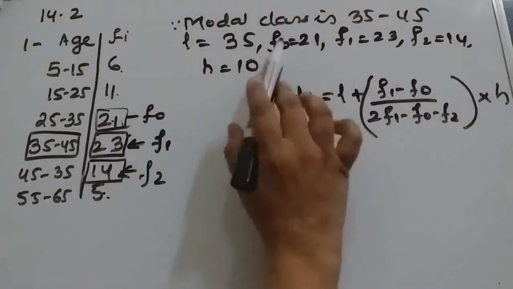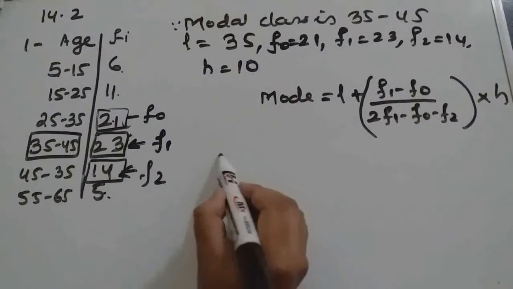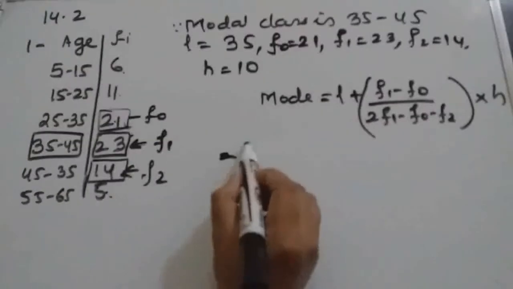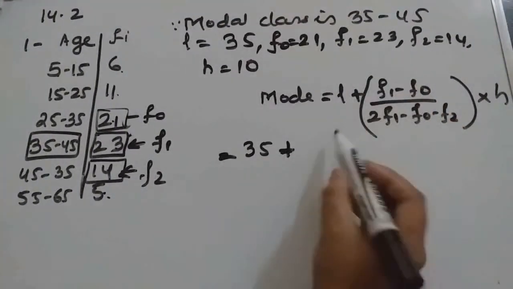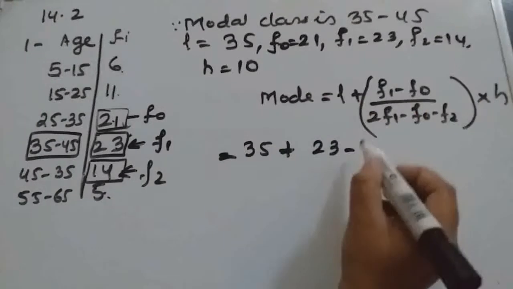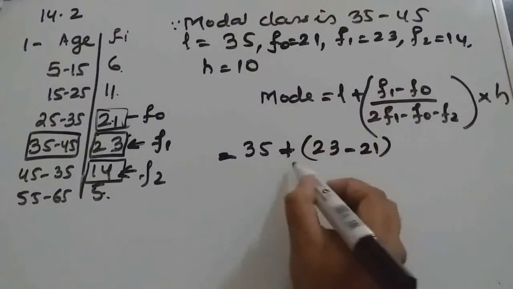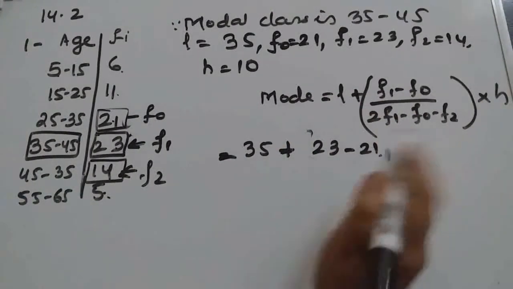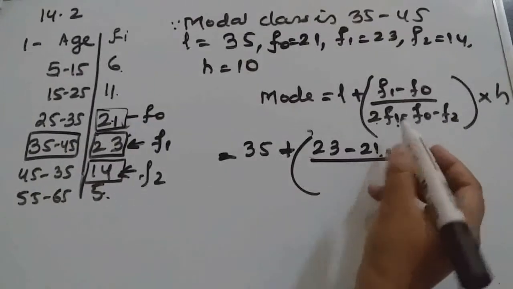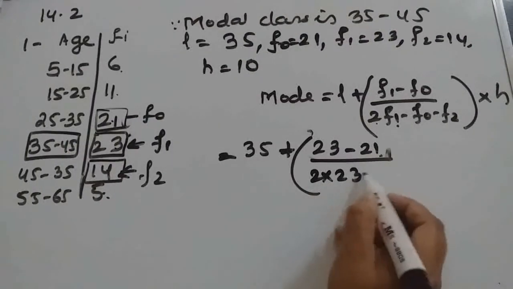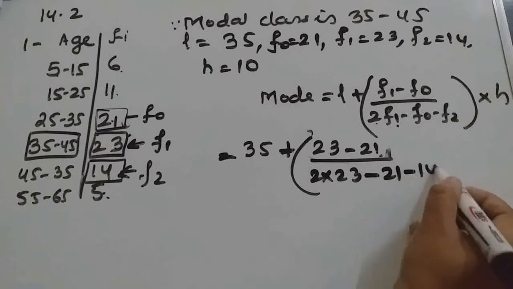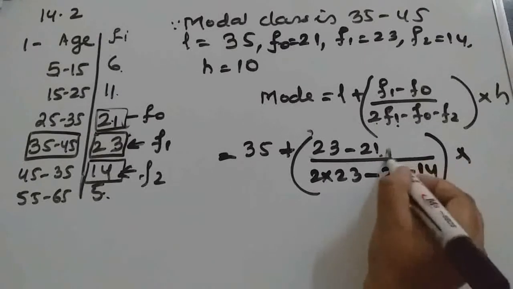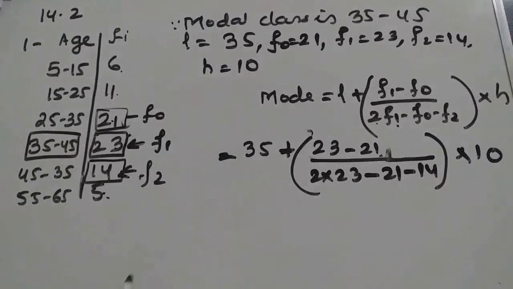After getting values for all variables, we'll substitute in this formula. L is 35 plus F1, that is 23, minus F0, 21, over 2 F1, which means 2 into 23, minus F0, which means 21, and F2, which means 14, into H, which is 10.